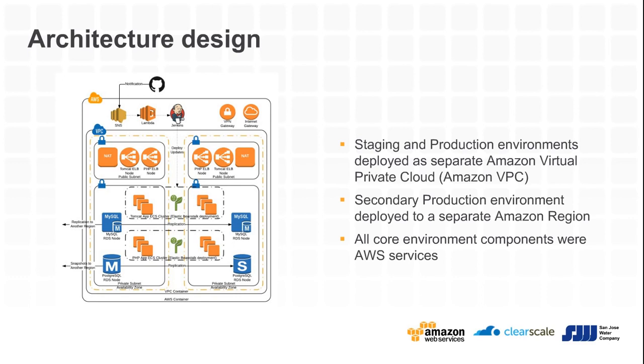And again, Jeff had mentioned that we took their existing GitHub and Jenkins and integrated that into this design. Everything else is native AWS services. Let's go to the next slide.